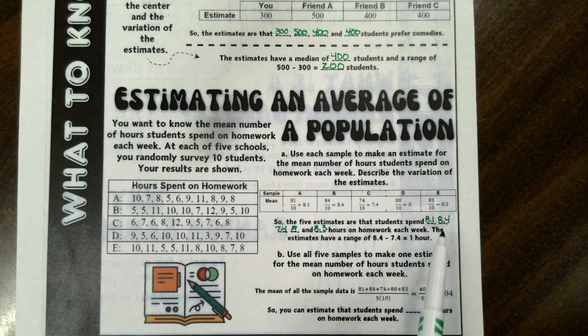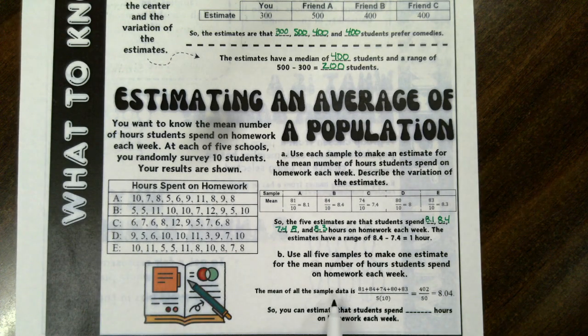So if I took the largest number, 8.4, and subtracted the smallest number, 7.4, there was a range difference of 1 hour. So the next question says, use all 5 samples to make one estimate for the mean number of hours students spend on homework each week.